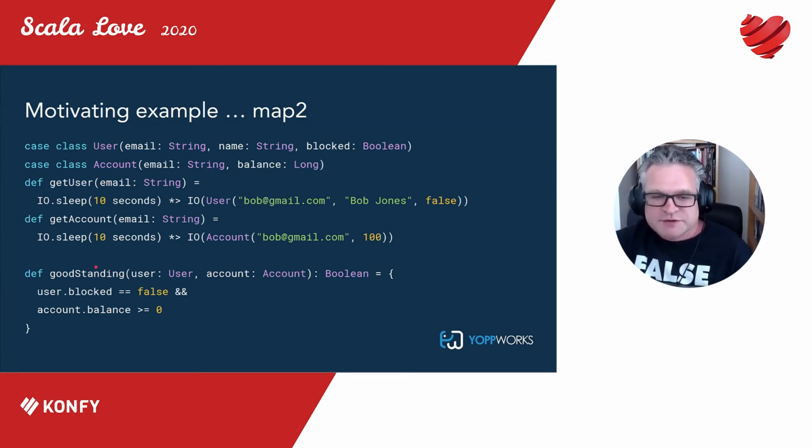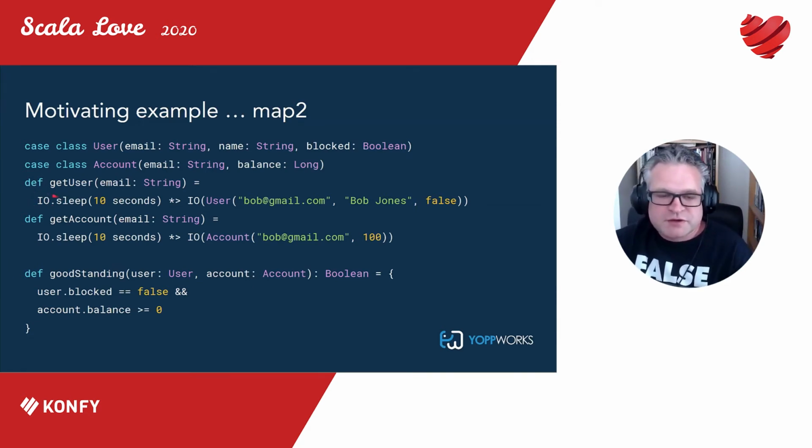So we want a way to apply the good standing function, but here we've got two effects. The interesting thing about these effects is that they're completely independent, because each takes my email address, right? So I don't need to wait for getUser to return before I call getAccount. The way of implementing these functions uses the cats-effect IO type. This is like Future, but it's more functional.